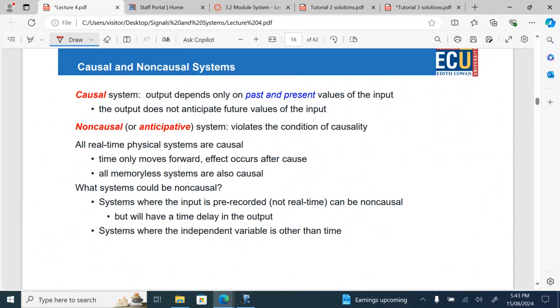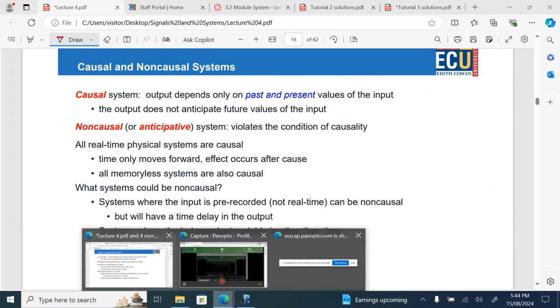If you can find anything in the future, it's not. This is not in the formula sheet. This is something you need to know, okay? So you need to know when a system is causal, time invariant, memoryless, and linear. These 4 items are important.